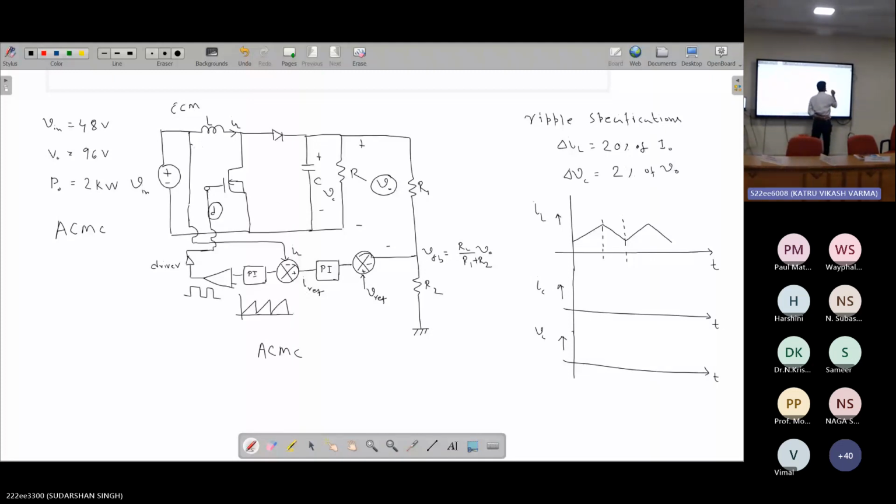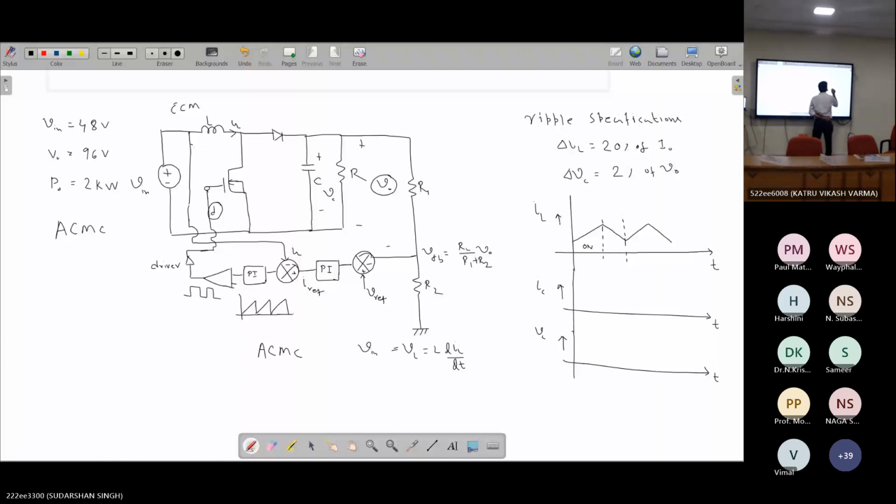So this is your on time, where the inductor is charging, because all of us know the relationship VL is equal to L dIL by dt, and during on time this VL is nothing but your input voltage. Okay, so the slope of the current waveform is Vin by L.